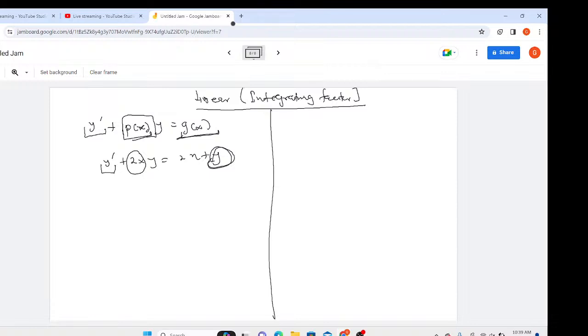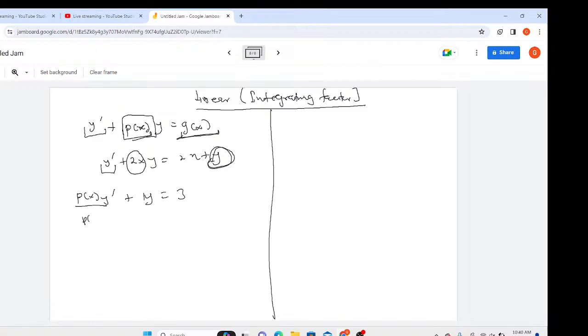Sometimes a differential equation wouldn't be in this format as easily, but it can give us something like p of x y prime plus 1, or let's say plus y equals 3. Now we have to make it linear. It's not like you are going to enforce it, but you are just going to make sure that our y prime stands alone, because for it to be linear, our y prime should stand alone.